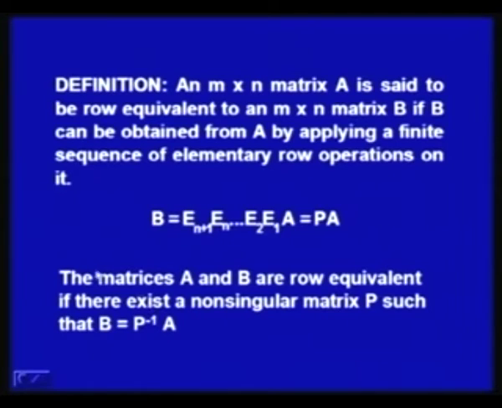Or we say the matrices A and B are row equivalent if there exists a non-singular matrix P such that B is equal to P inverse A. Since all E1, E2, En are identity matrices on which we have applied row operations, all these are non-singular.